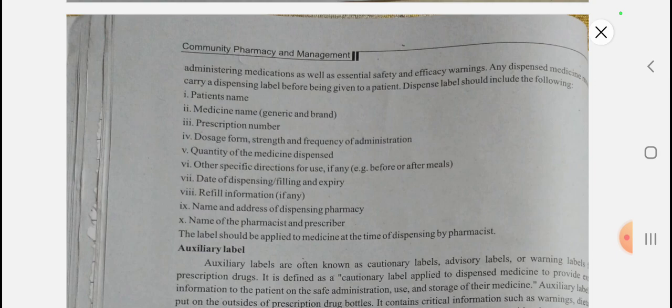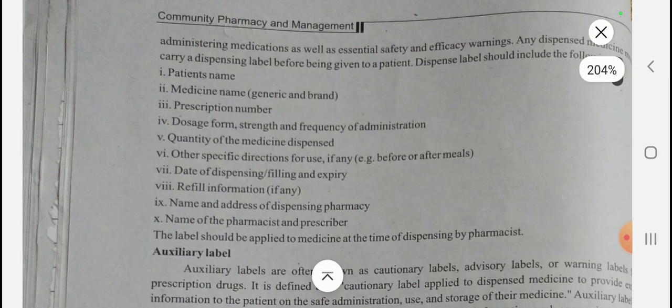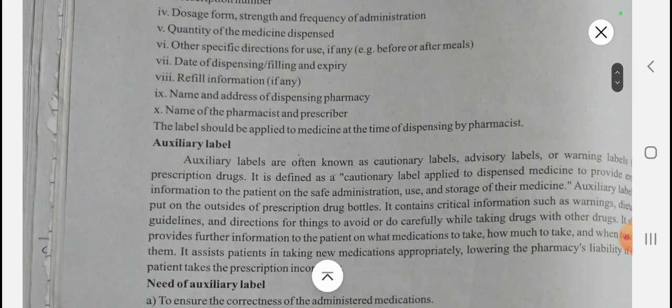Then quantity of the medicine dispensed, other specific directions for use, that is before or after meals, dispensing date, refill information, name and address of the dispensing pharmacy, name of the pharmacist and prescriber. So these things are there on the dispensing label.